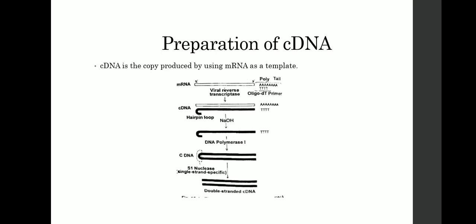The appropriate oligonucleotide primer, that is oligo T for eukaryotic mRNA, is annealed with the mRNA. This primer will base pair to the 3' end of the mRNA. And then the reverse transcriptase enzyme extends the 3' end of the primer using the mRNA molecule as a template.